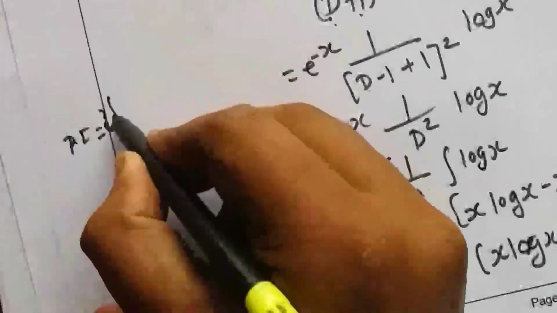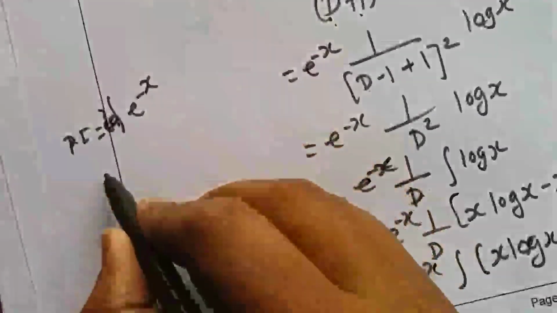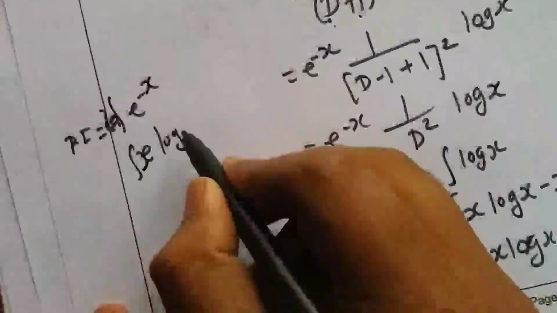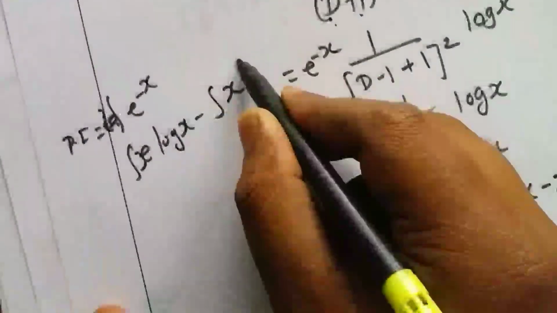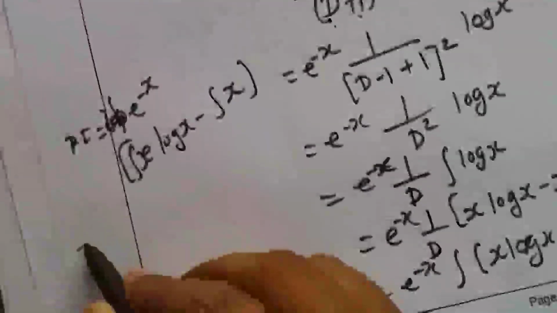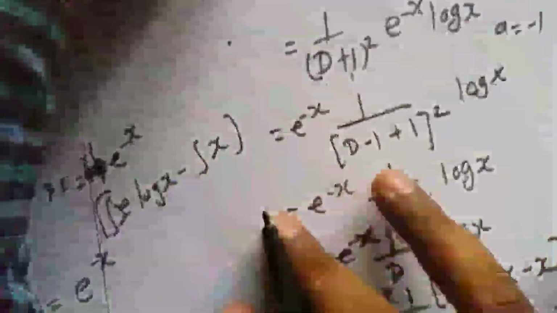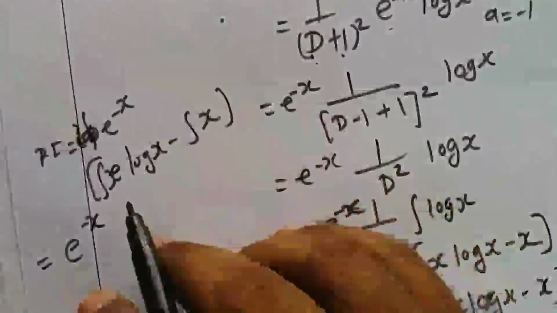first integration, e raised to minus x as it is, integration of x into log x minus integration of x. Okay. Next step will be e raised to minus x. Now for this integration, x into log x integration, we need to use the u into v rule.